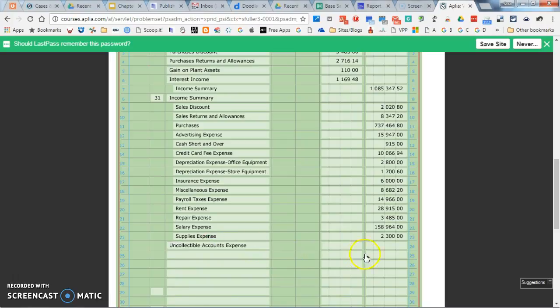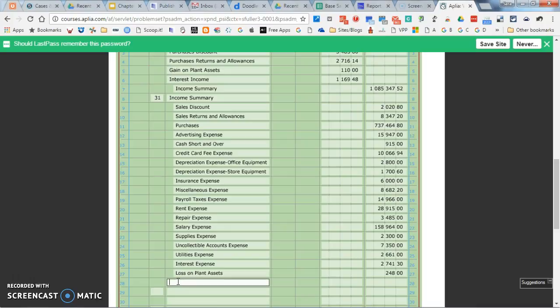Uncollectible accounts expense, $7,350. Utilities expense, $2,661. Interest expense, $2,741.30. Loss on plant assets, credit of $248.